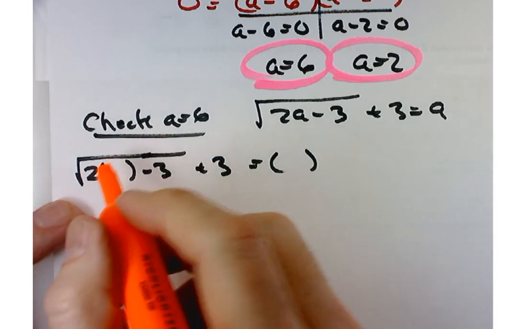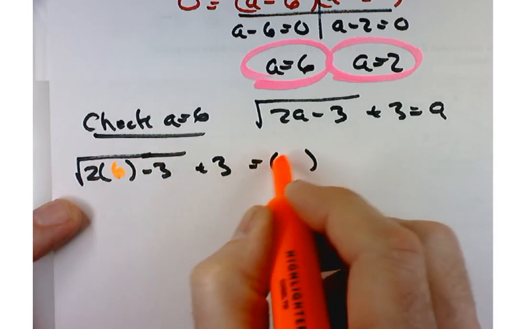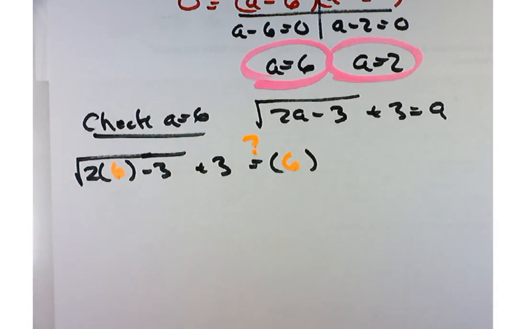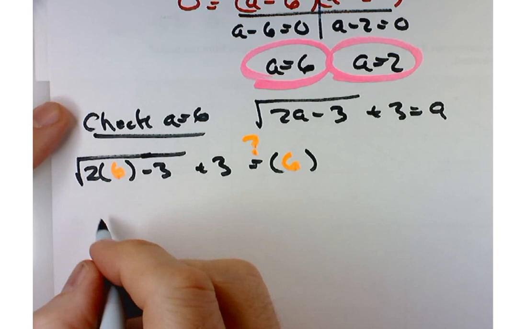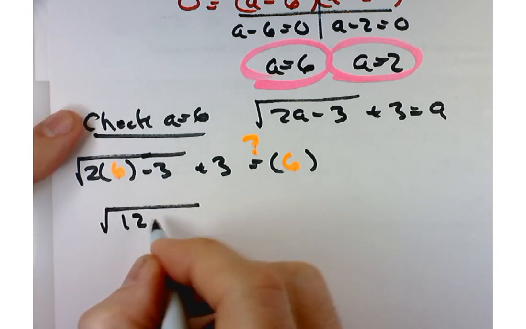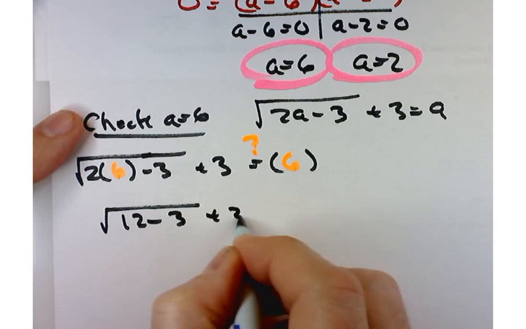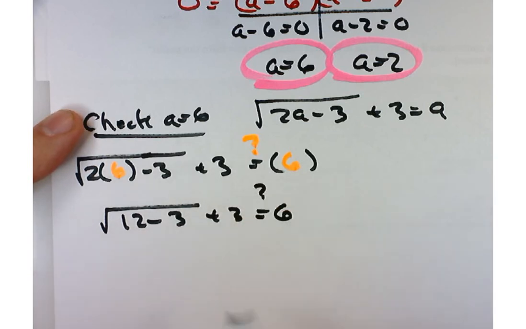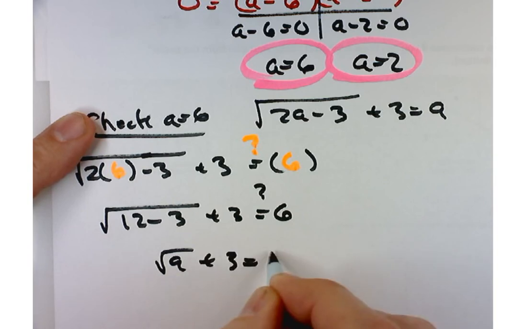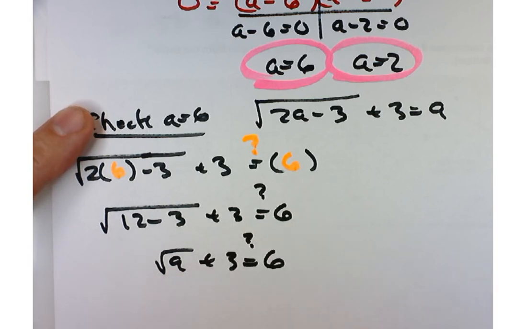So let's squeeze in a 6 here and a 6 here. I always put a little question mark there because what you should be asking yourself is, does it work? Does this give me the right solution? So let's see what I get underneath the square root. I get 12 minus 3 plus 3, does that equal 6? Square root of 9 plus 3, does that equal 6?